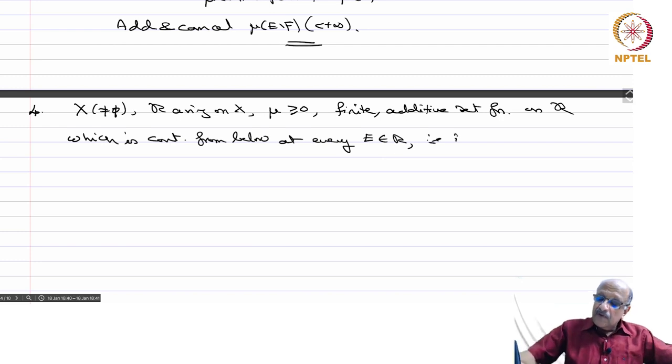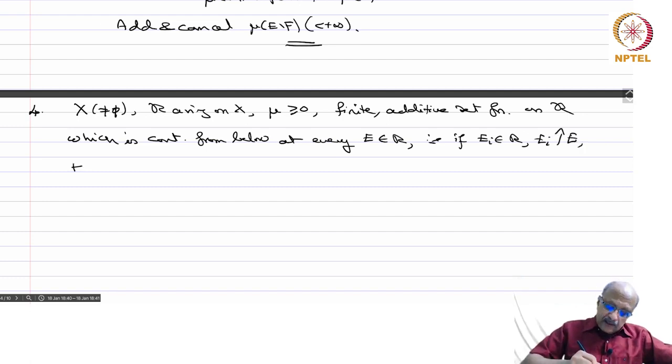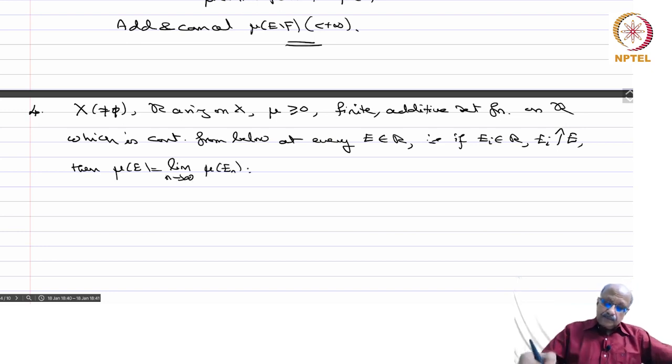That is, if En belongs to R, En increases to E, then mu E equals limit n tending to infinity mu of En. Show that mu is a measure.